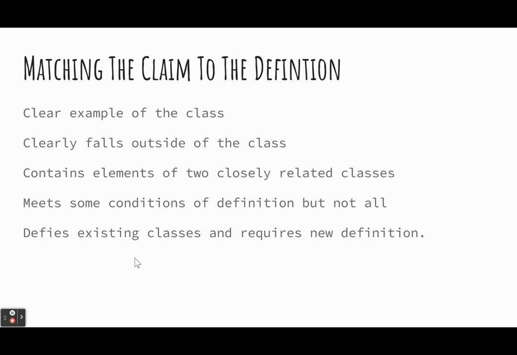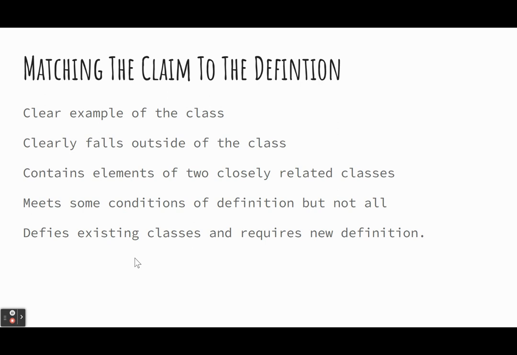So, is it a clear example of something? Or does it clearly fall out of the example of other things so that it can't be these things? Does it contain elements of two closely related things, and you're probably going to have to create a new class for this thing? Does it meet some conditions but not all, and so therefore you have to explain it? Does it defy and require a new definition?